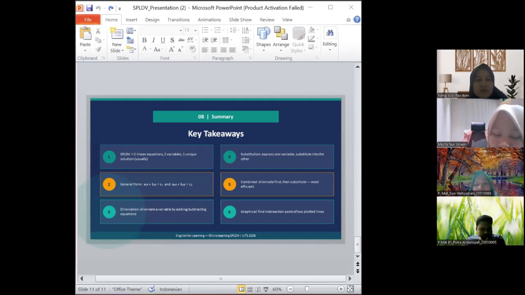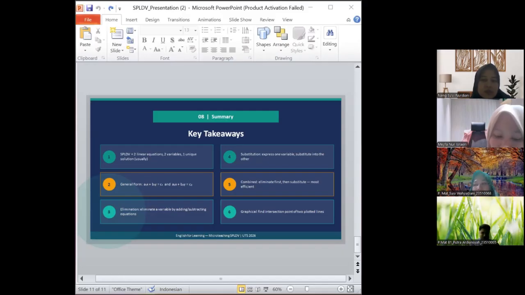The general form is a1x plus b1y equals c1 and a2x plus b2y equals c2. We learned four methods to solve an SPLDV: elimination, substitution, combination, and graphical.